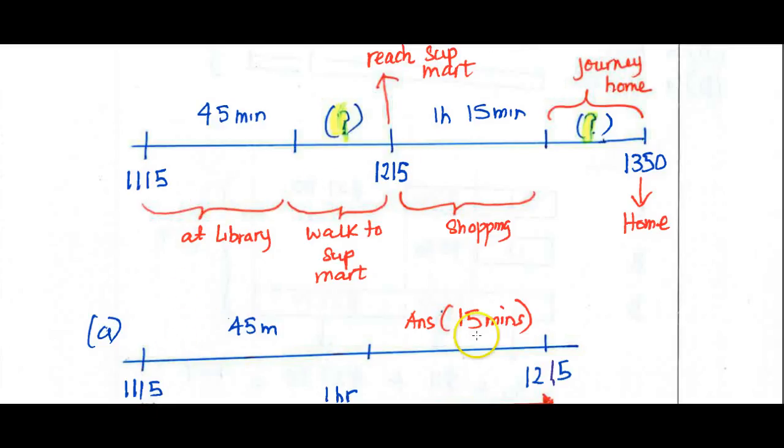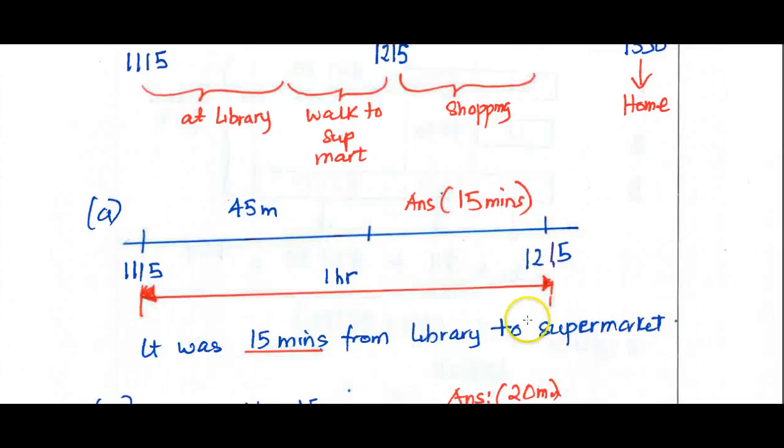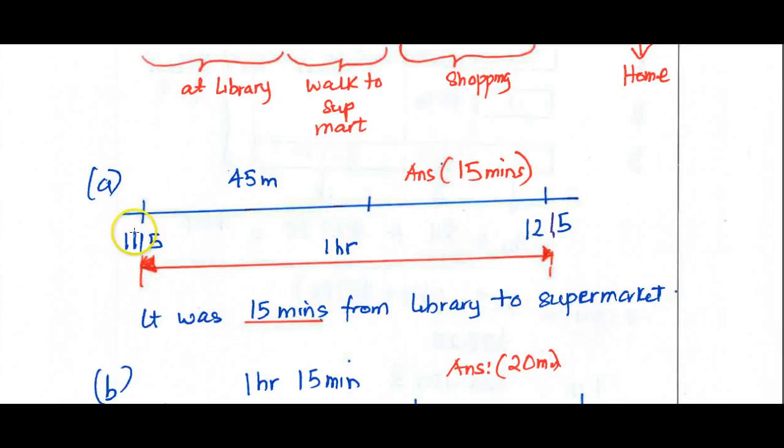Now the first part is from here to here. You notice straight away 11:15 to 12:15 is 1 hour. Can you see that? Now she was at the library for 45 minutes.